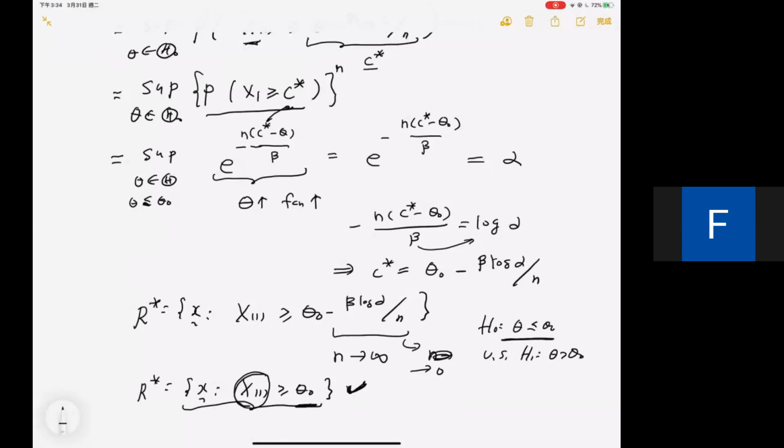That means when n goes to infinity, you basically observe everything already in this case. Because I observe everything, as long as my smallest one is bigger than any fixed value right here. For example, what if this is 1 right here?